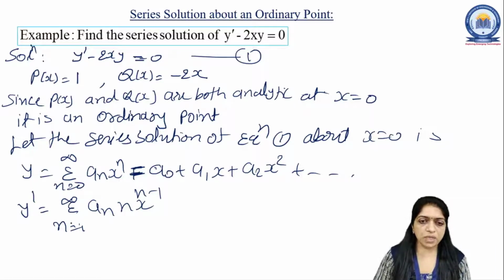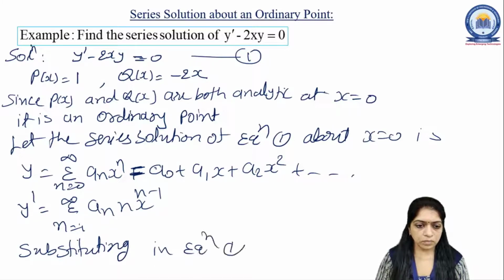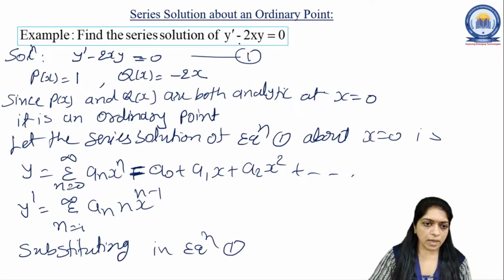So substituting this value in equation 1, we have y dash, that is summation n from 1 to infinity n an x raised to n minus 1, minus 2 times x into y.